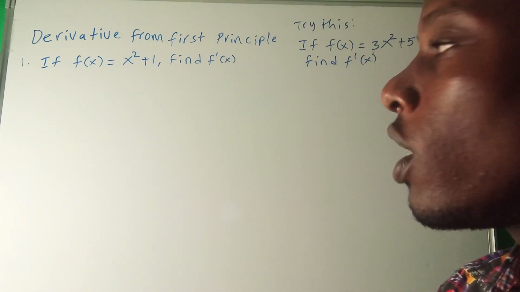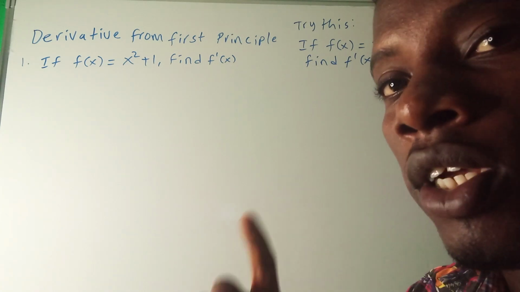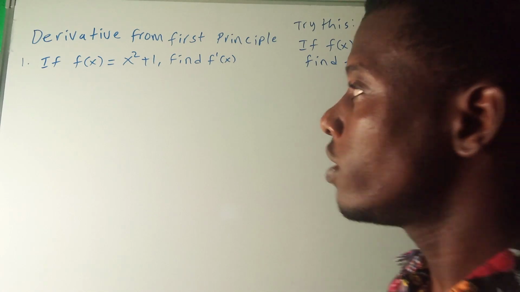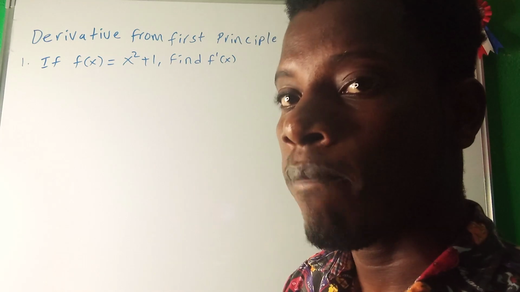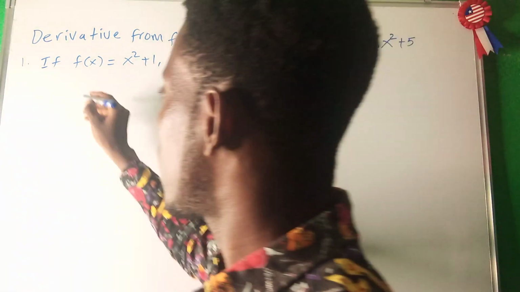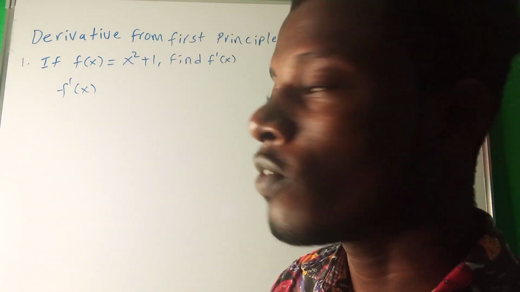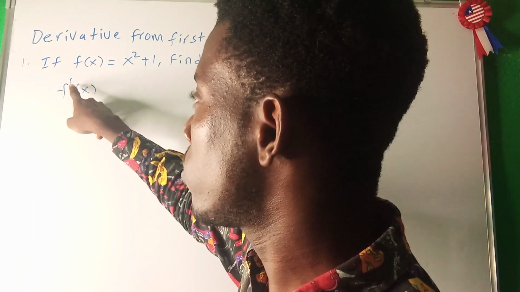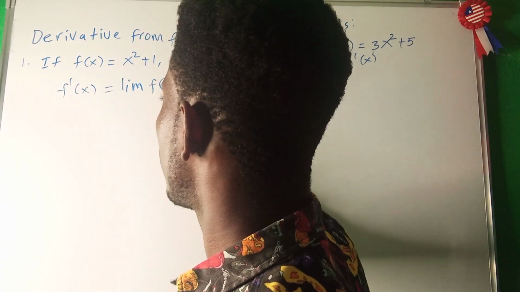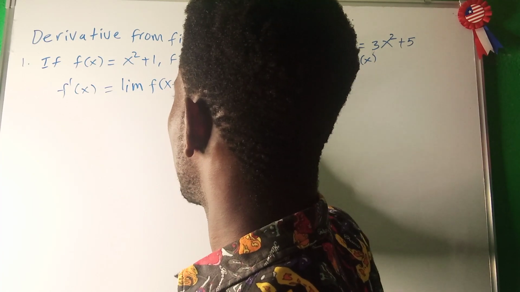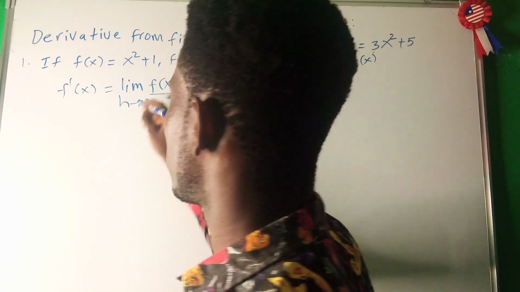Today we are going to begin with what we call the difference quotient formula that you were taught in pre-calculus. This is the formula for the derivative of a function. The definition of the derivative: f prime of x, where f prime of x stands for the derivative, is equal to the limit of f of x plus h minus f of x, all divided by h, as h approaches 0.